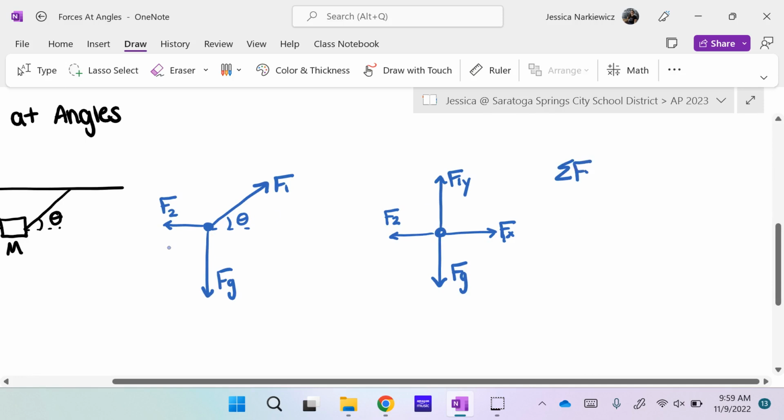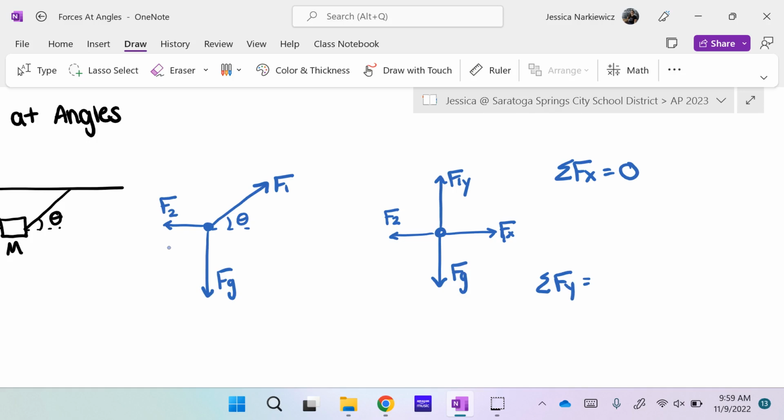So the net force in the x direction equals 0, and the net force in the y direction equals 0. In the x direction, I have F1x minus F2 is 0. So F1x, which is F1 times the cosine of the angle with horizontal, theta, has to equal F2.